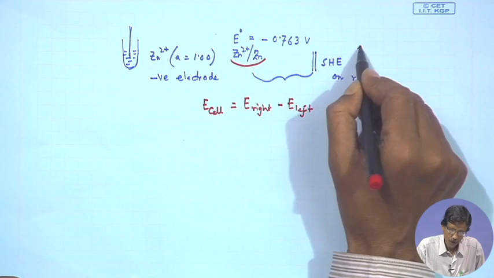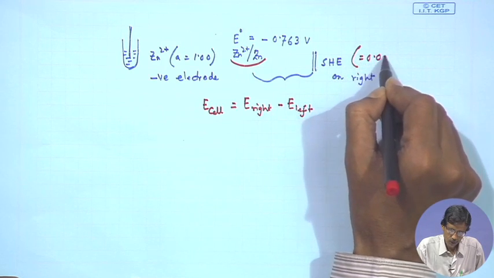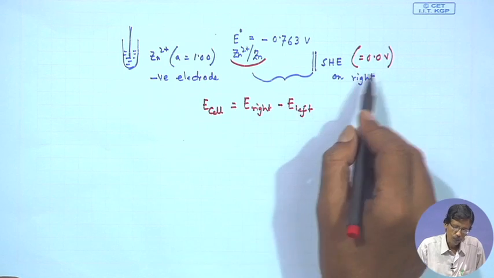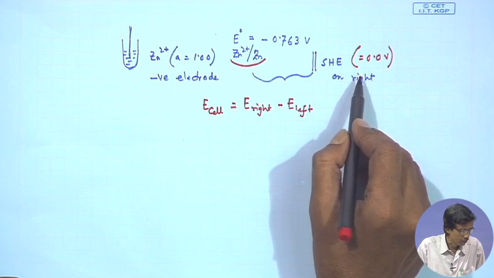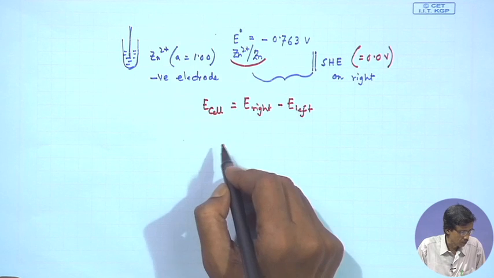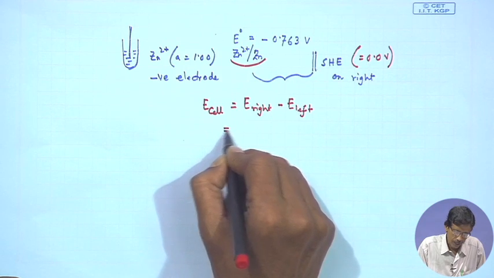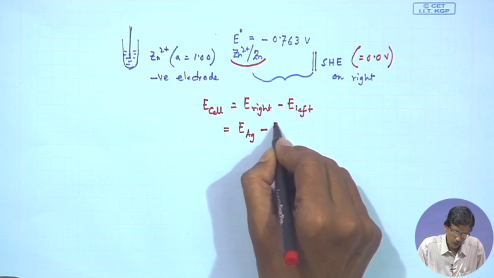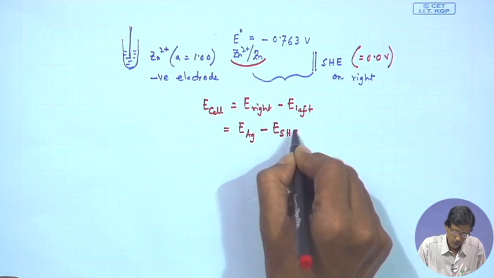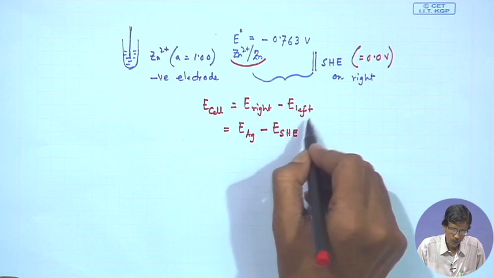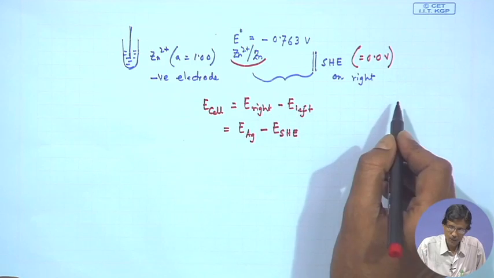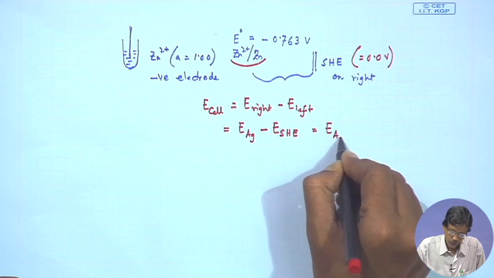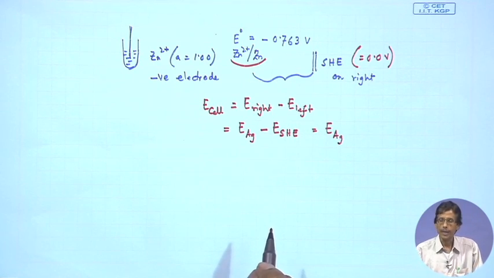SHE value equals 0.0 volt, so whether we subtract or add will not give us a problem. But for silver, we have seen that the E0 for the silver electrode is basically minus E of SHE, because the standard hydrogen electrode was on the left and the silver electrode was on the right. That basically gives rise to the corresponding potential for the silver electrode.